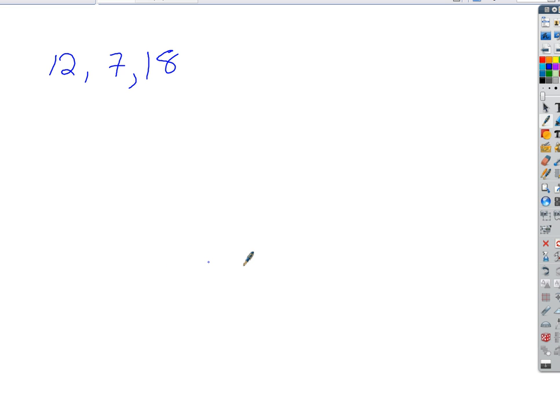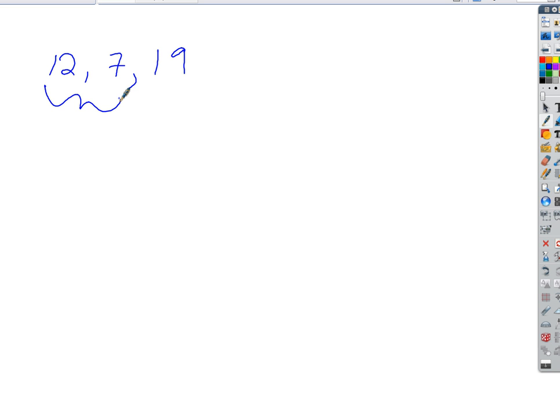Okay, that works, doesn't it? How about 12, 7, and 19? Does that work? What do you think? No, how come? Because we didn't meet our condition, did we? That forms a line segment. Because the two smaller ones have to add up to a value greater than 19, and they don't. They add up to 19, right?